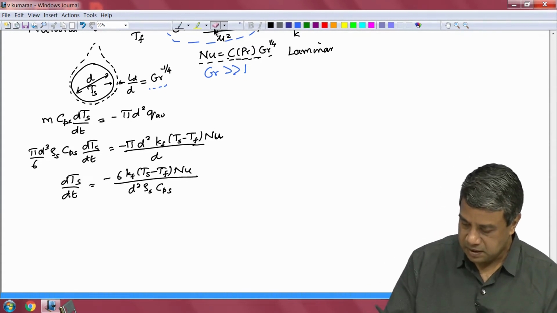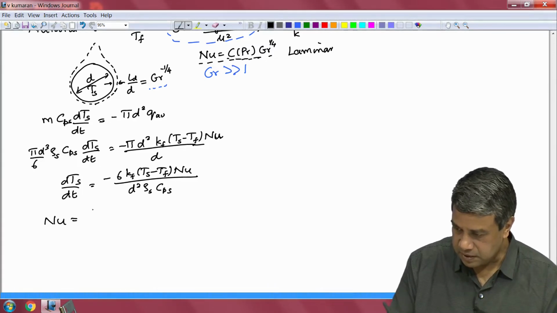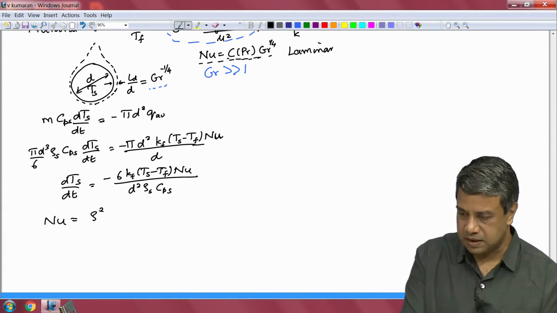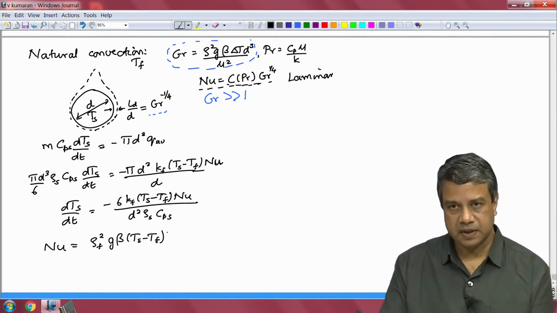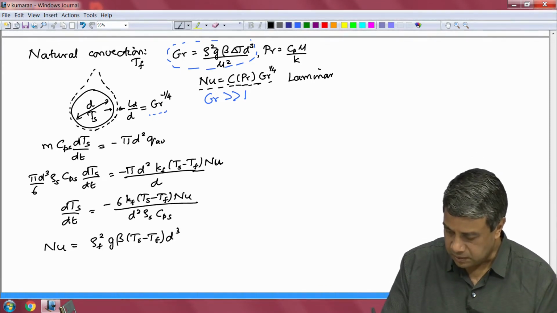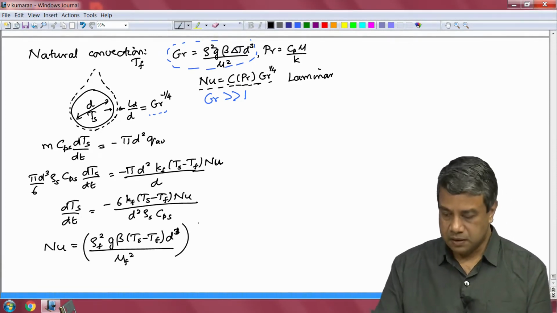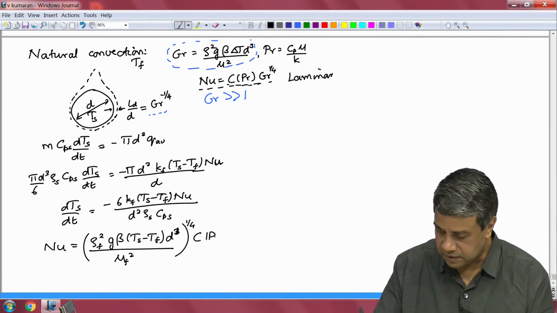So, this is the expression, and in this I substitute for the Nusselt number: rho square, this is the density of the fluid square, g beta into Ts minus Tf, into d cubed, divided by the viscosity square, whole power 1/4, into some constant which is a function of the Prandtl number.